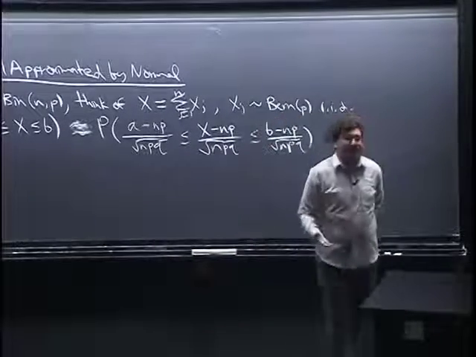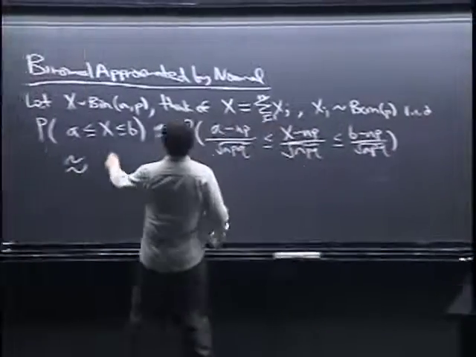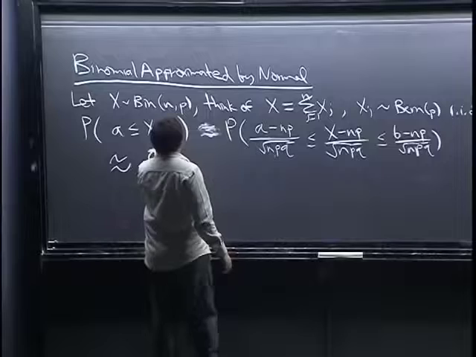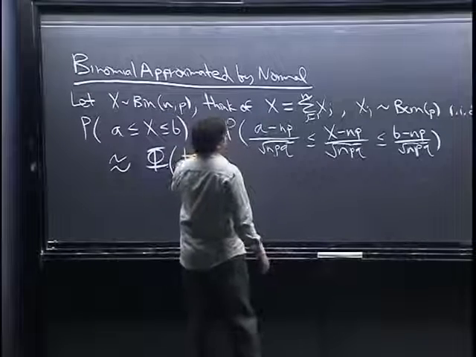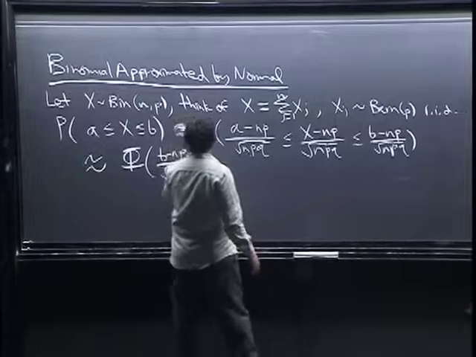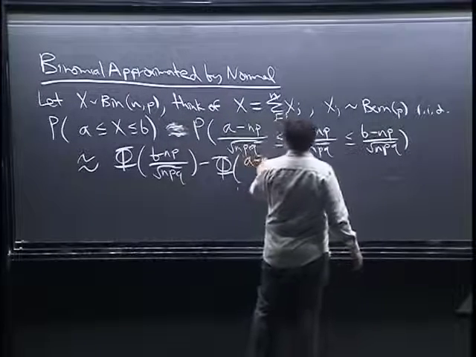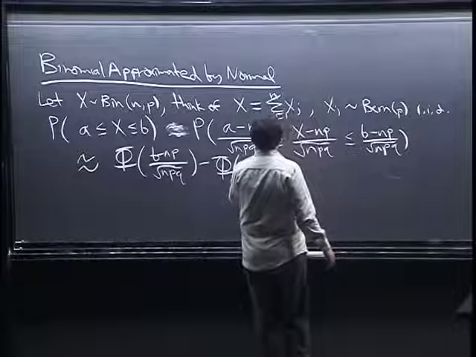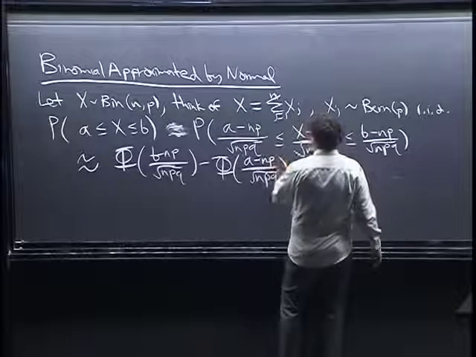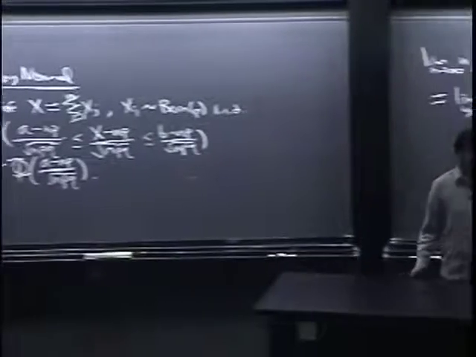By the fundamental theorem of calculus, that just says take the CDF. So we're just going to do Phi of (b minus np) over the square root of npq, minus Phi of (a minus np) over the square root of npq. So that would be the basic normal approximation. I'll talk a little bit about how to improve this approximation.